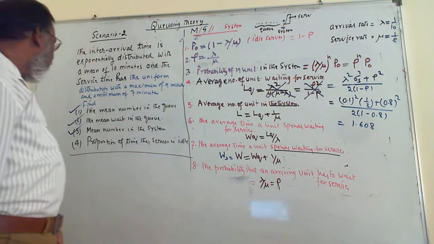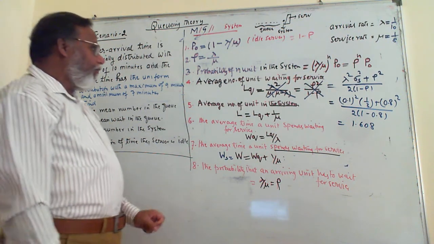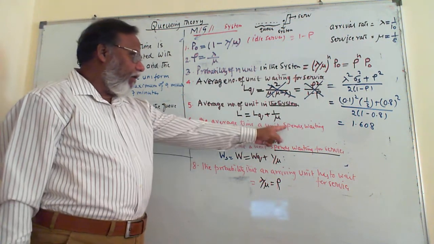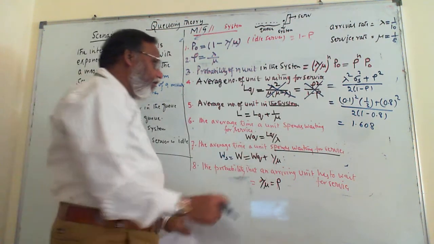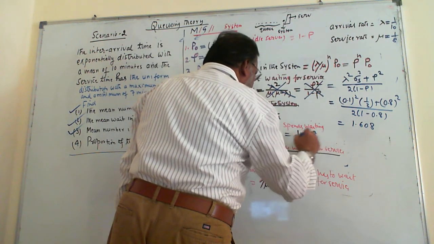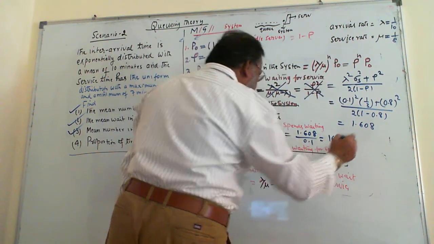The next answer is the mean wait in the queue, the average time spent waiting. This is WQ. WQ will be 1.608 divided by 0.1, which is 16.08.